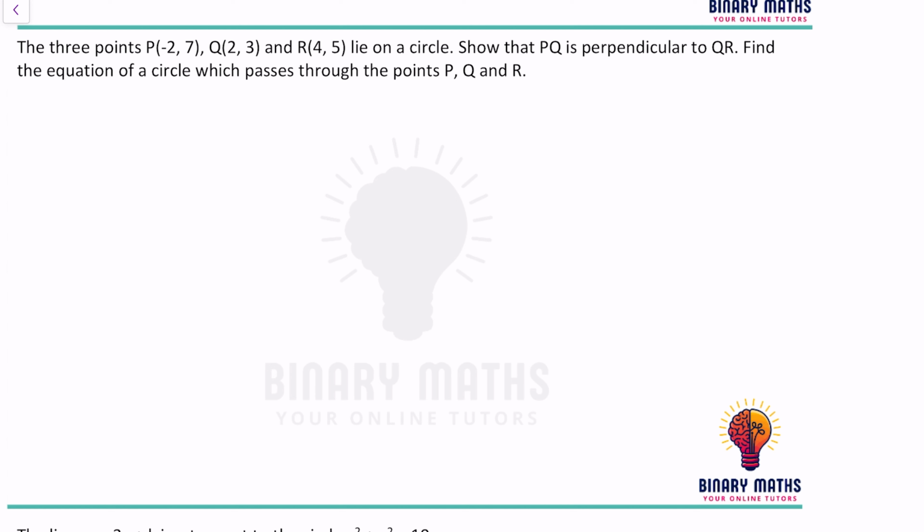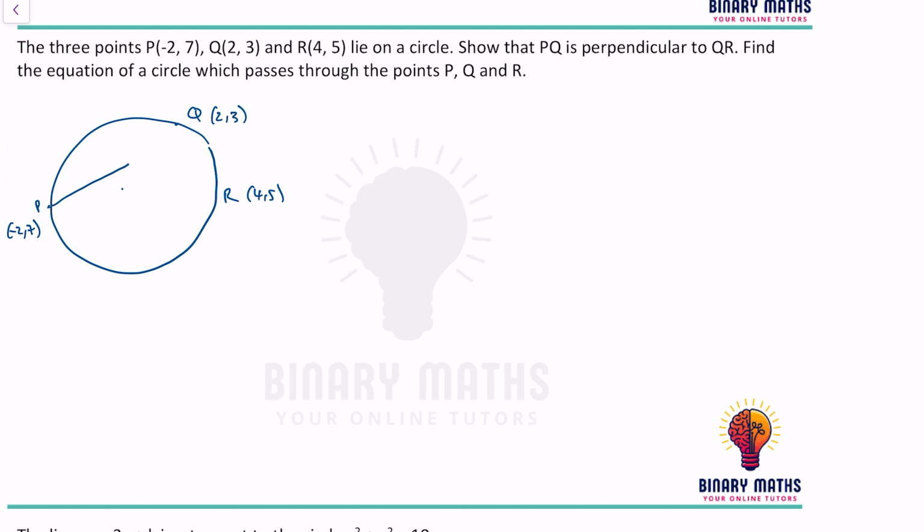Find the equation of a circle which passes through the points P, Q, and R. So if I draw it out, we've got a circle, we've got P somewhere here, Q somewhere here, R somewhere here, where P is (-2, 7), Q is (2, 3), and R is (4, 5). Show that PQ, so P to Q, and Q to R are perpendicular first.